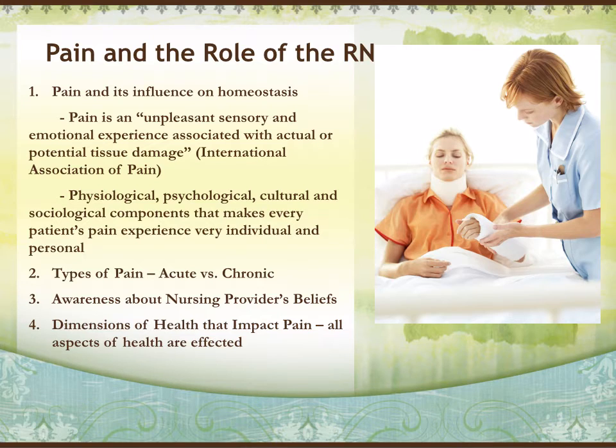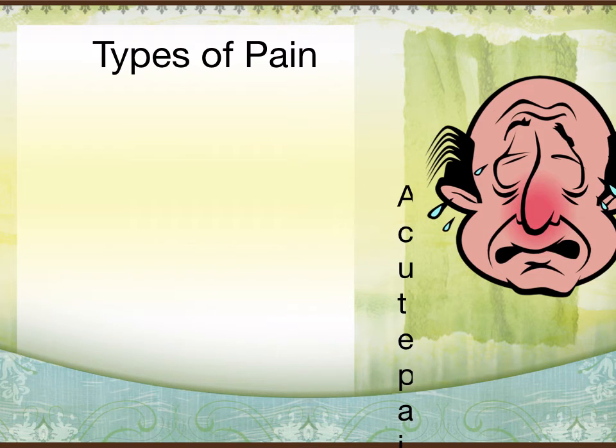Now let's go to the next slide. I don't know what happened with the slides, but when I posted this PowerPoint, it will show you clearly. This slide has types of pain: acute pain, chronic pain, cancer pain, non-cancer pain.